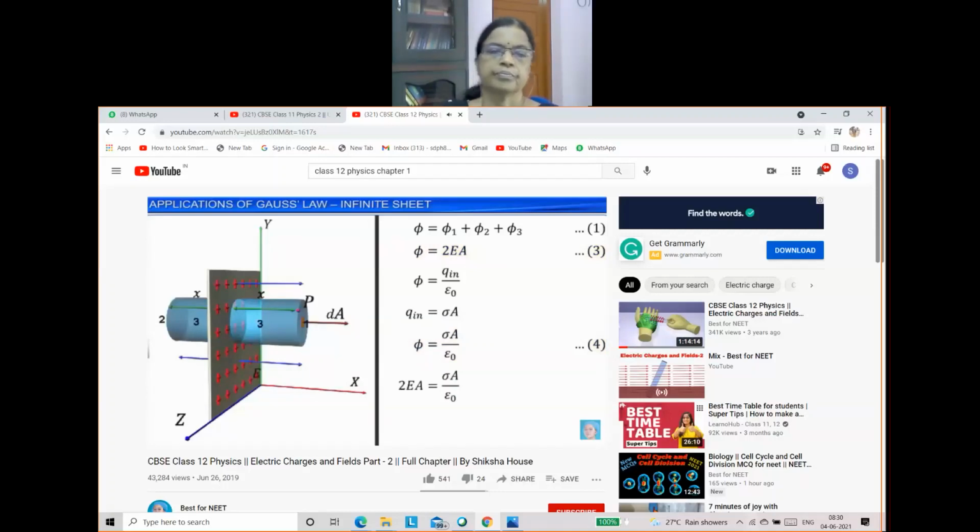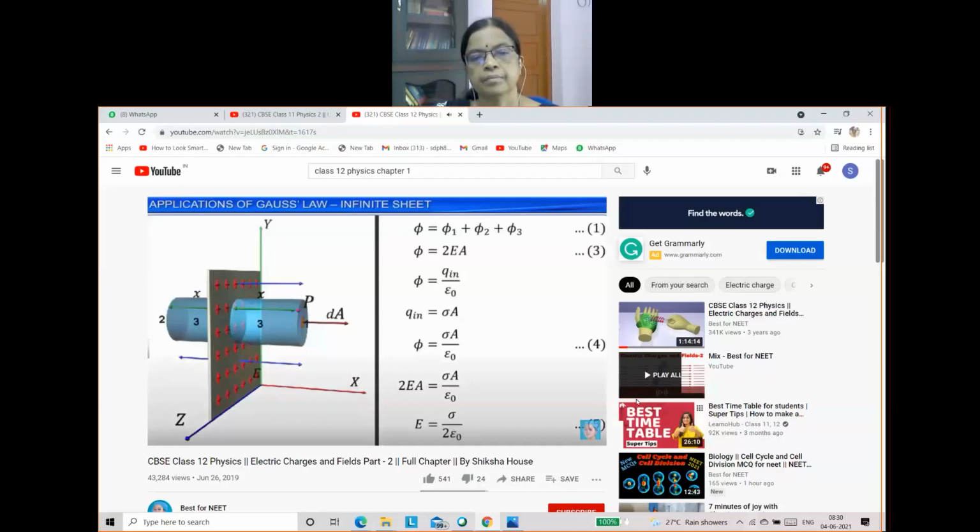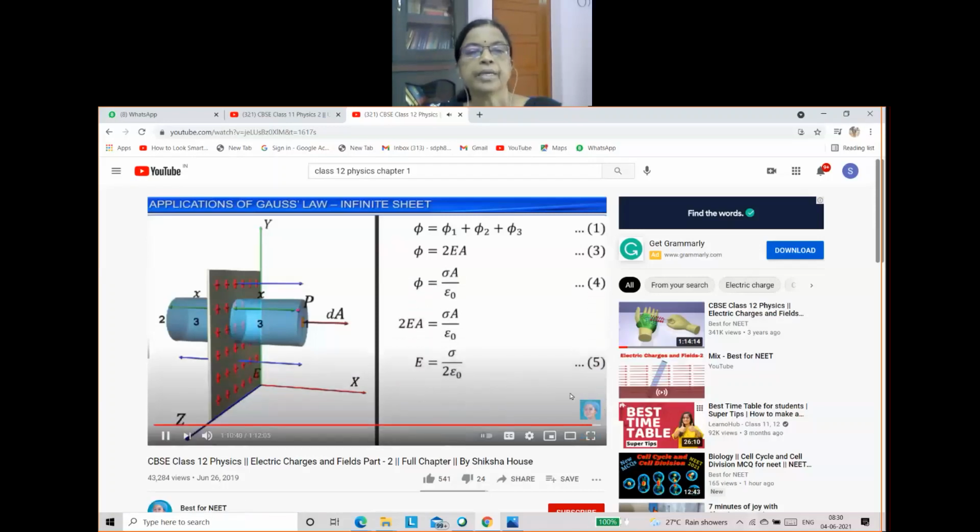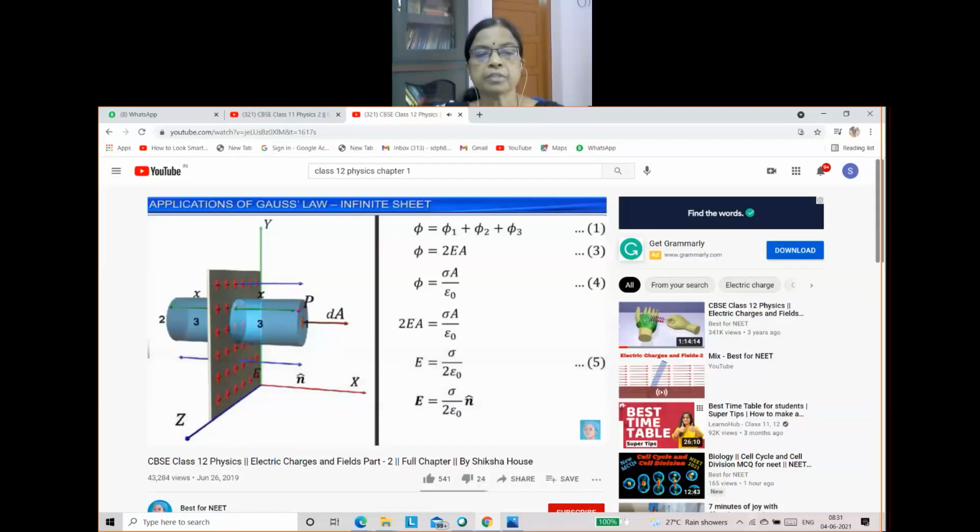Let this be equation 5. The expression for the electric field due to the infinite plane sheet of charge shows that the electric field strength due to it is independent of x. Pictorially, E is equal to sigma by 2 epsilon naught into n cap, where n cap is the unit vector perpendicular to the plane and passing away from it.